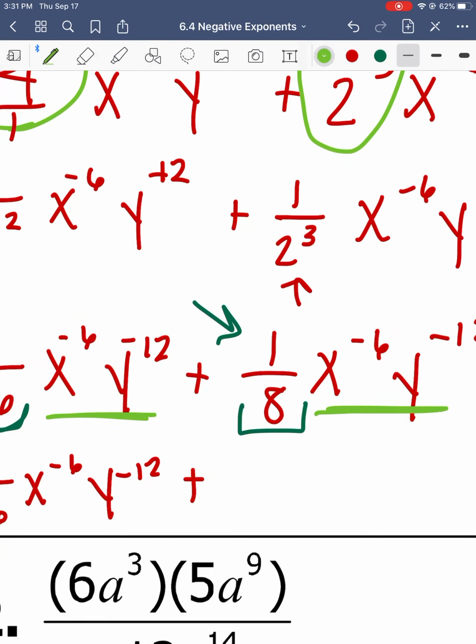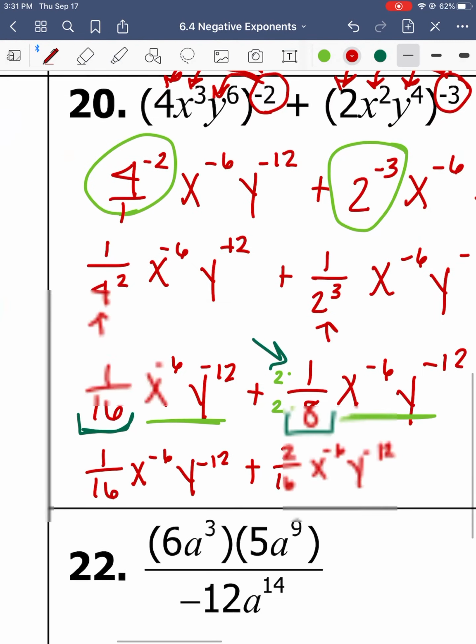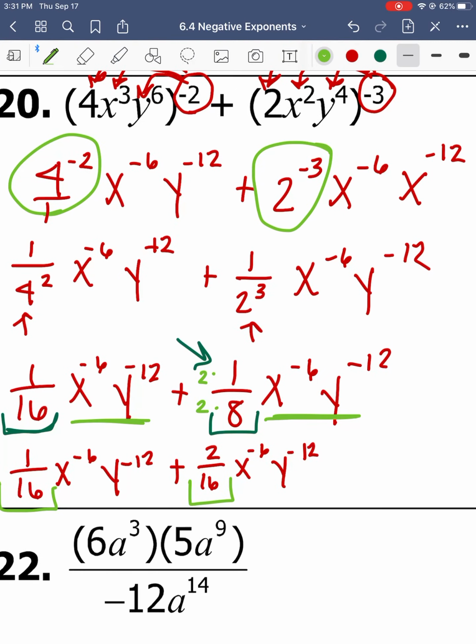And how we're going to do that is we're going to multiply the numerator and the denominator by 2. That will give us a fraction that is 2 over 16. And then the same variables here. And then we can just combine these coefficients to add them together. So 1/16 and 2/16 is 3/16.